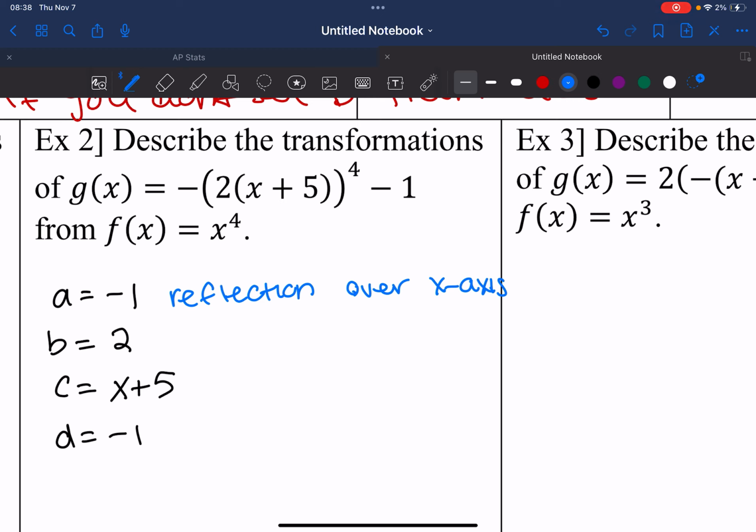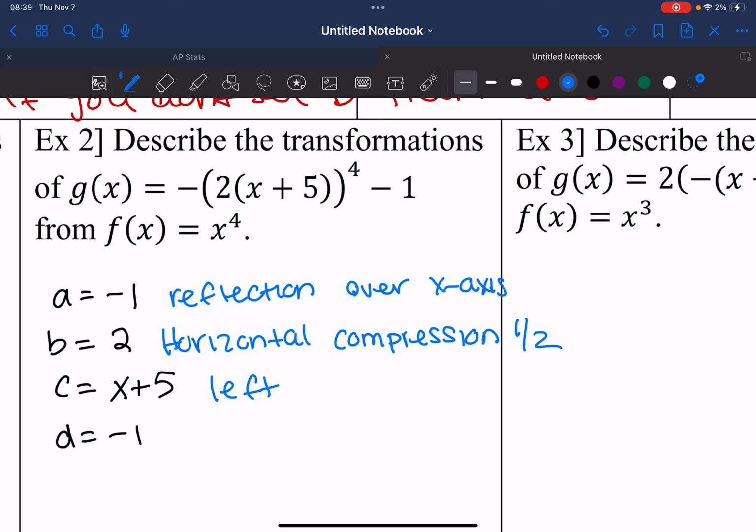B equals 2 is greater than 1, so we have a horizontal compression of 1/2. X plus 5 tells us we're going left 5, and -1 tells us we're going down 1.